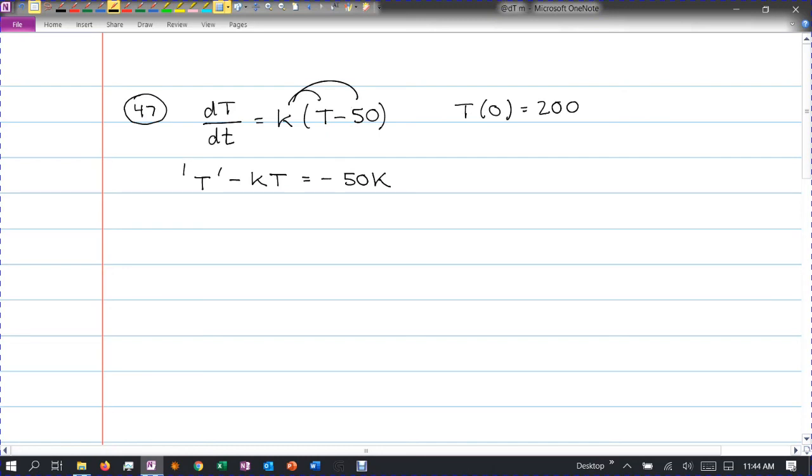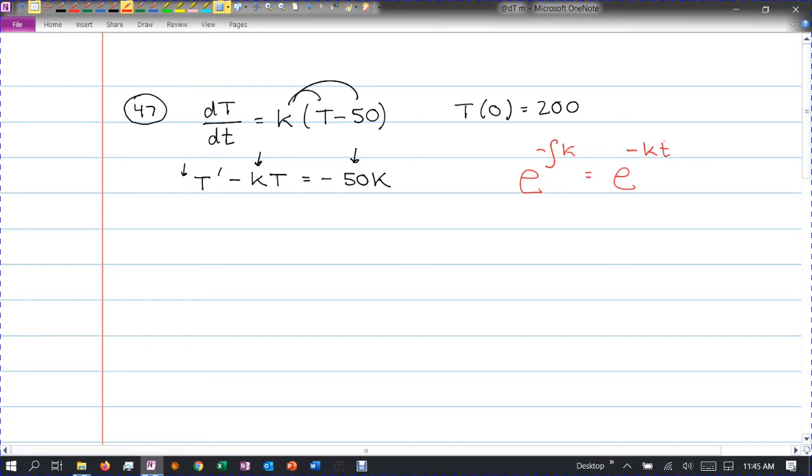So we have a 1 in front of T prime. We've got some function of little t in front of capital T, and then over here we have some function of little t, which is a constant. So what we would be doing here is e to the integral of -k, which is e to the -kt. That's what our integrating factor would be.